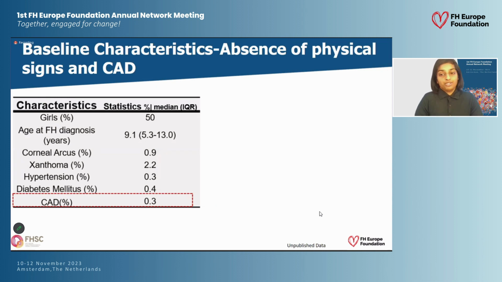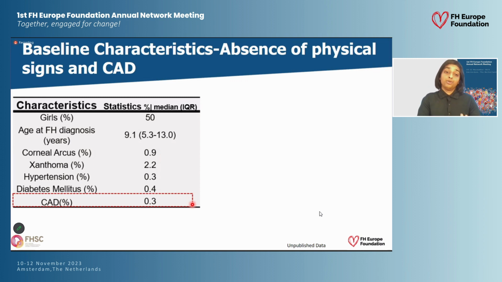So in terms of how children and adolescents present in the registry, we see that there is an equal representation of girls and boys, and roughly the age of diagnosis is 9 years of age. But highlighted in the red box, we can see that the presence of coronary artery disease, or CAD, is low, showcasing the importance of finding FH early in life. Because if we find FH early in life, in childhood, then these individuals are disease-free.